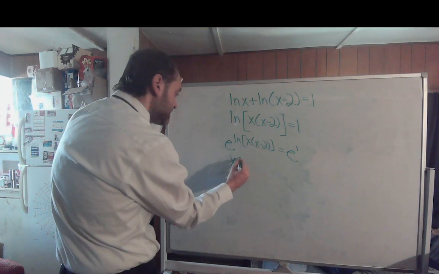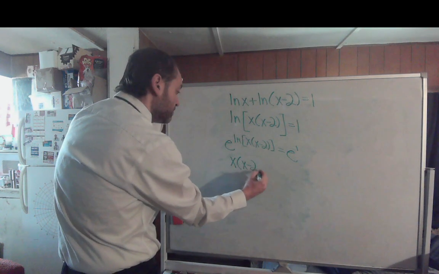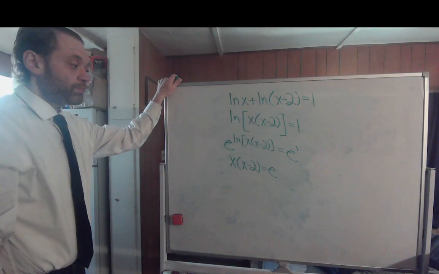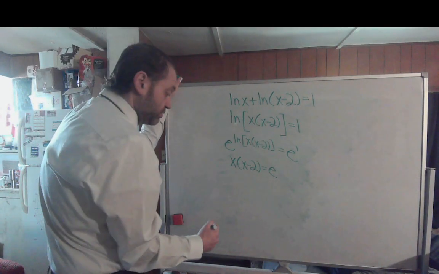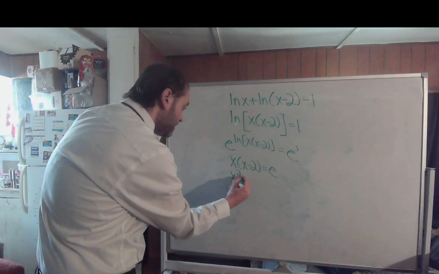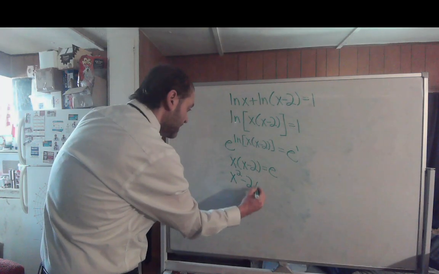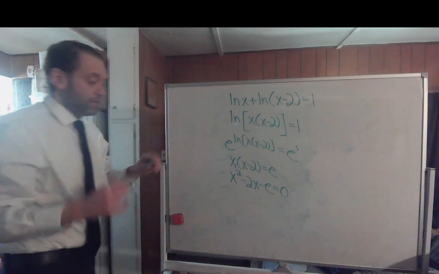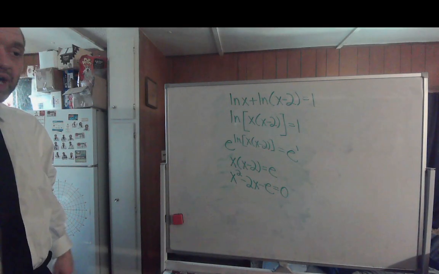You'll get x times x minus 2 equals e, which will turn into a quadratic. You'll end up getting x squared minus 2x minus e is equal to 0. So you have a very hideous quadratic equation.